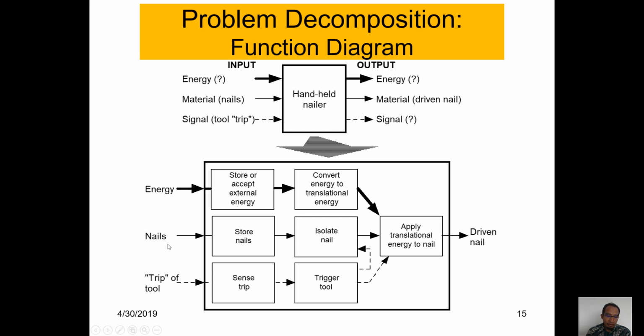On the nail side, we need a compartment or place to store and isolate nails, and we feed the nails into the applied translational energy. For the trip of the tool, we sense the trip, trigger the tool, and again apply translational energy to the nail, resulting in the driven nail.